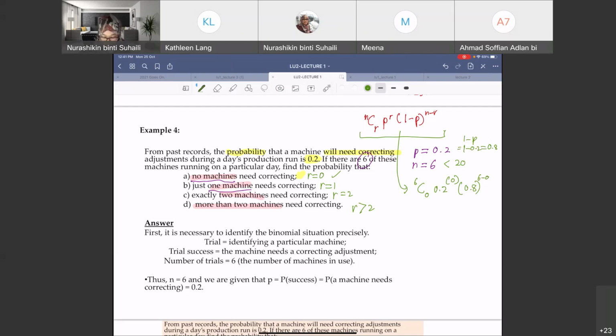Anything to the power of 0 is 1, isn't it? So 6C0 multiplied by 0.8 to the power of 6.